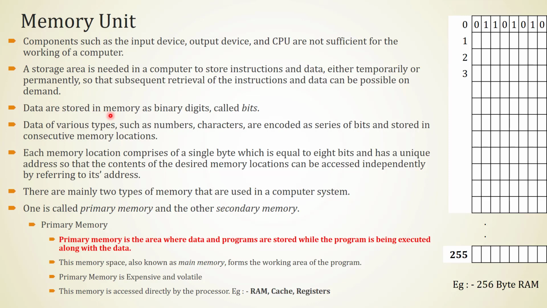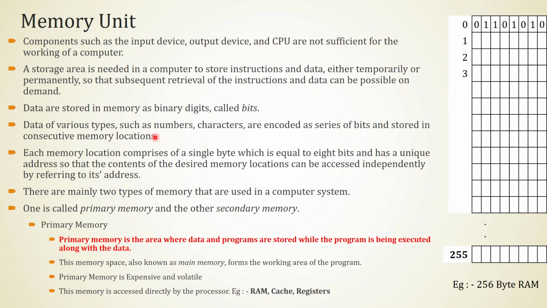Data are stored in memory as binary digits. I already told you, a computer knows only binary language, that means zeros and ones. So the data stored in a computer will always be either 0 or 1, called bits. Data of various types such as numbers and characters are encoded as series of bits and stored in consecutive memory locations.